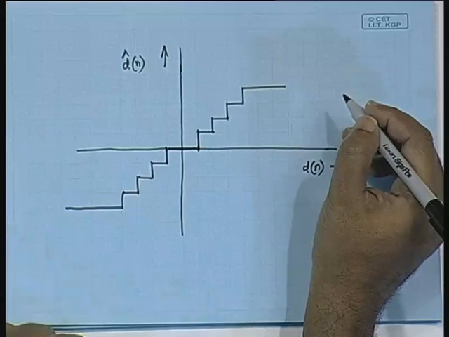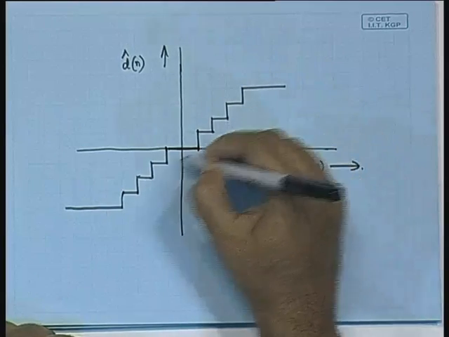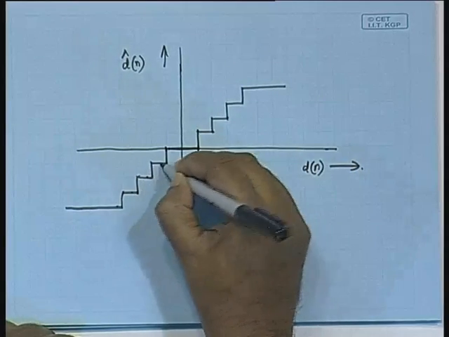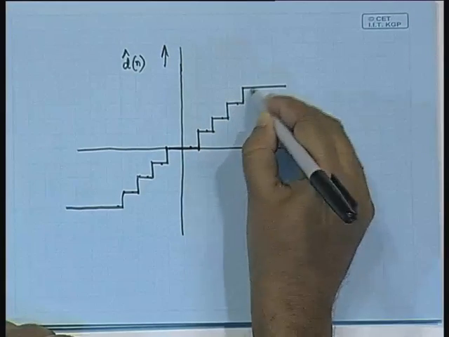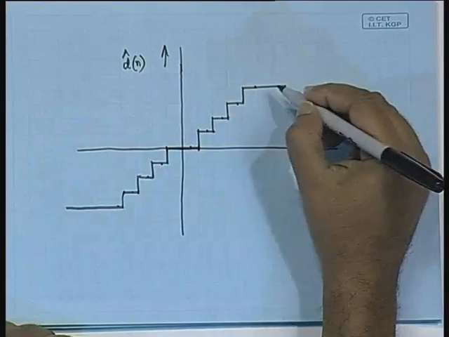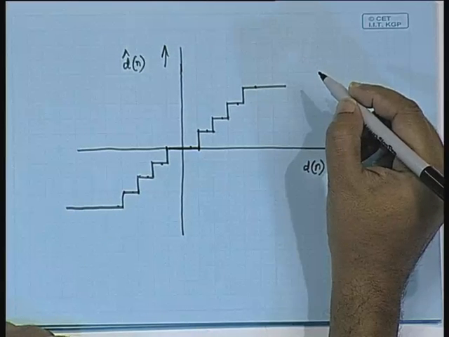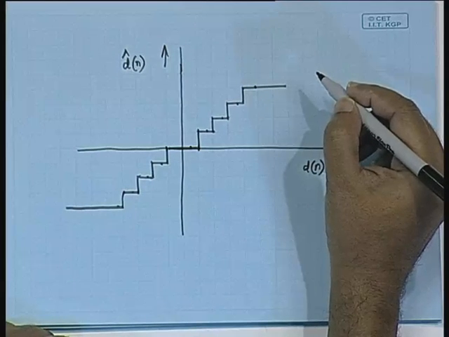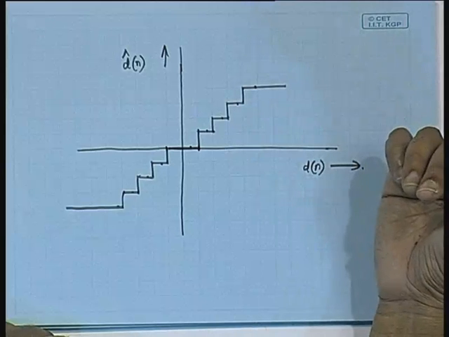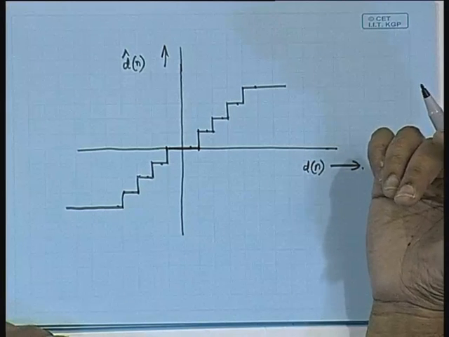Now you see that there are how many levels? 1, 2, 3, 4, 5, 6, 7, 8, 9. 9 different levels we got, unlike only 2 levels which we had used in the case of the delta modulator.